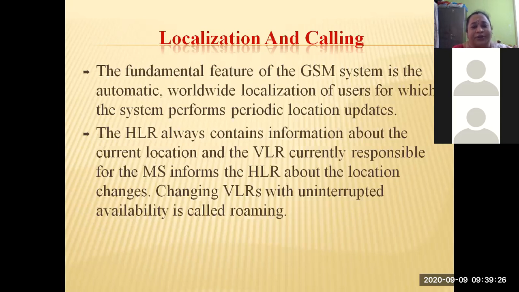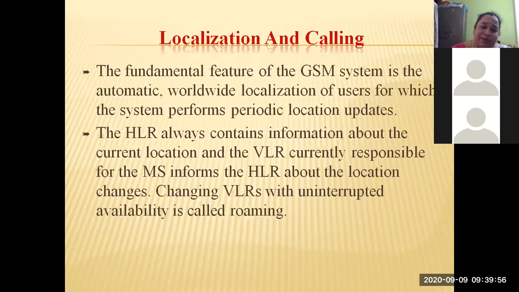But how do you identify that the call belongs to so-and-so area, whether the call is local to your area or not local to your area? That could be identified by the localization procedure. In this localization procedure, whenever the mobile station is moving, its identification is given to the HLR each and every time.